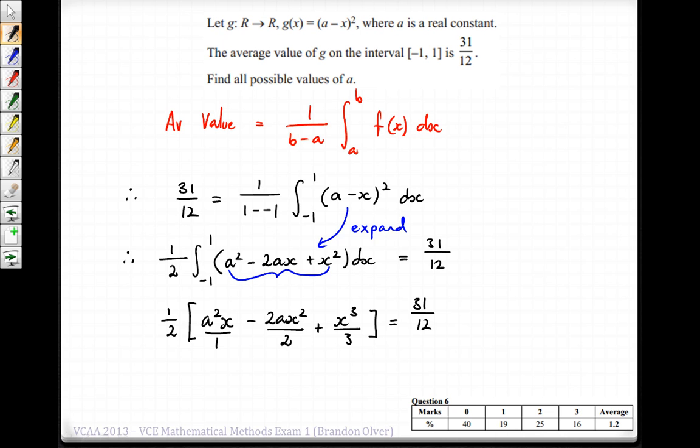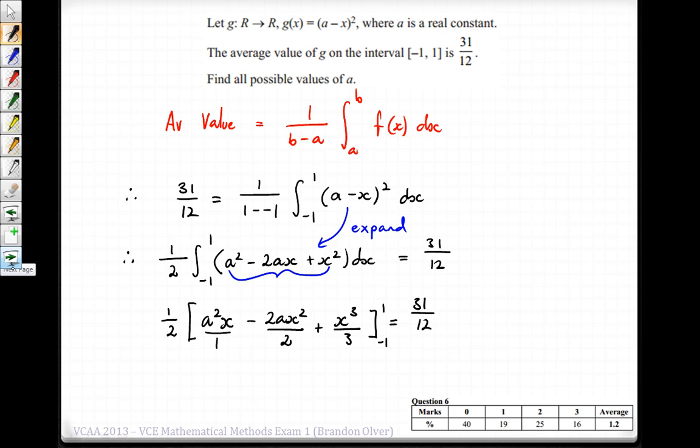So now I'll just grab a little bit more writing space, and before I do, I better just remember to put in my terminals here. So we're still going from -1 to 1 of this anti-derived function.